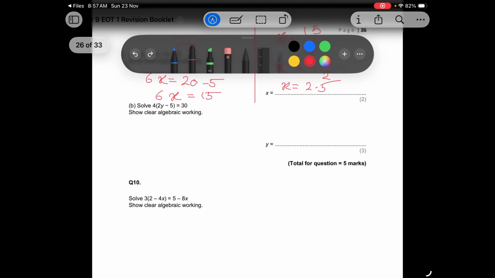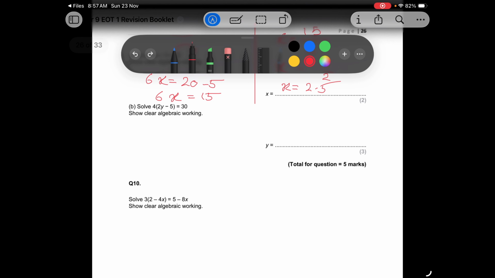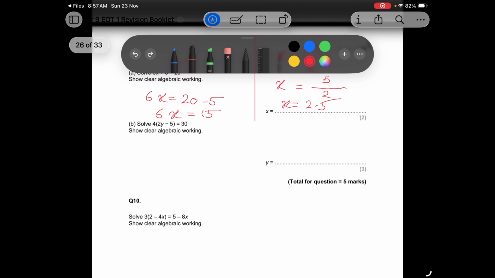Here, solve this. This is super easy. So I have here 4 times 2y minus 5. First of all, expand the left hand. It will be 8x, or 8y, sorry, minus 20 equals 30. You can shift this to the other side. It will be plus, of course.